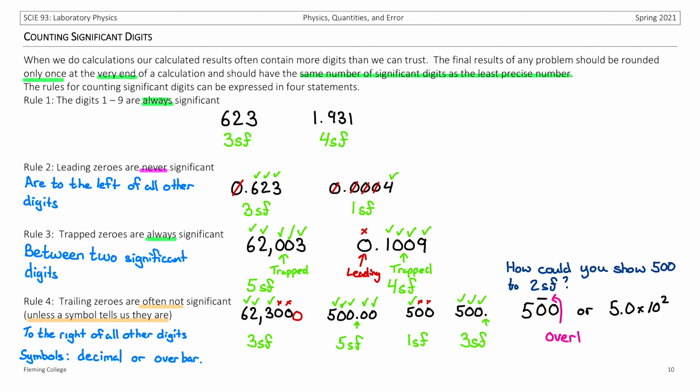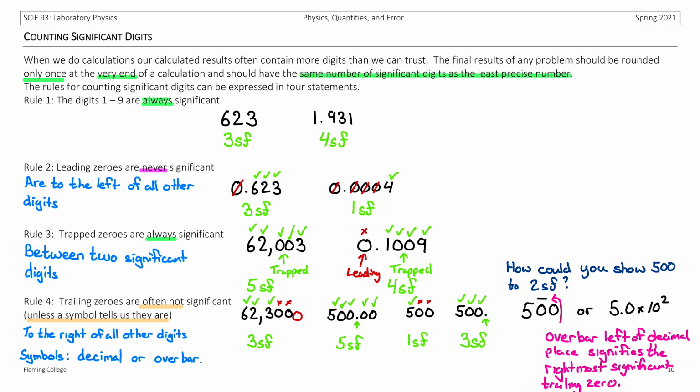So an overbar to the left of the decimal place signifies the rightmost significant of the trailing zeros. If there's a trailing 0 to the left of an overbar, that makes it a trapped trailing 0, and it can be significant. And if we have an overbar to the right of the decimal place, that use of an overbar signifies a repeating decimal, so it's not usually used on zeros.